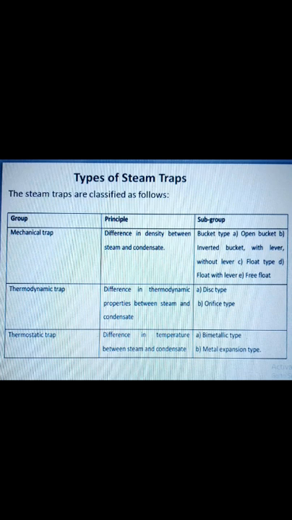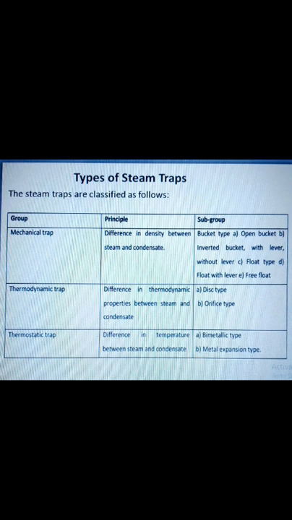Second one is the thermodynamic trap, which is based on the difference in thermodynamic properties between steam and condensate, properties like energy, enthalpy, etc. Third one is the thermostatic trap, based on the difference in temperature between steam and condensate. The subgroups of the steam traps are also shown in this table. Now I will tell you one by one about these types of steam traps.